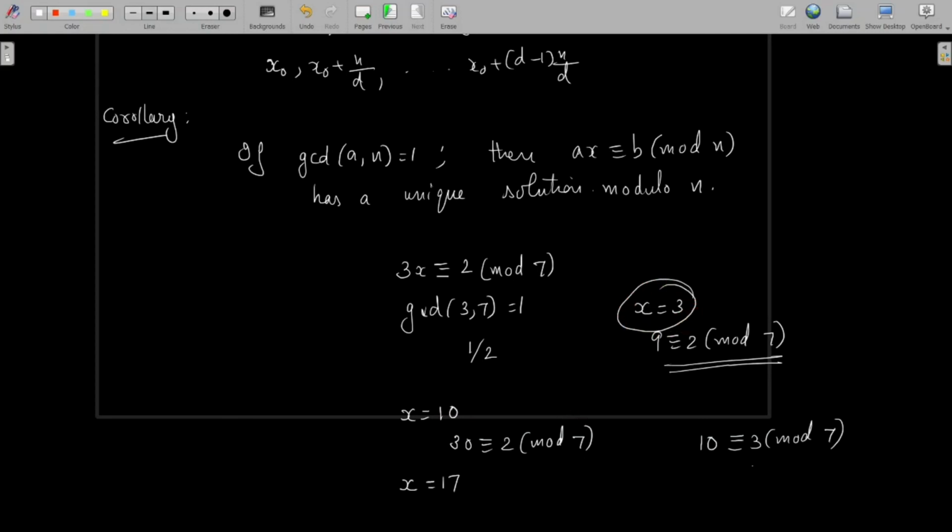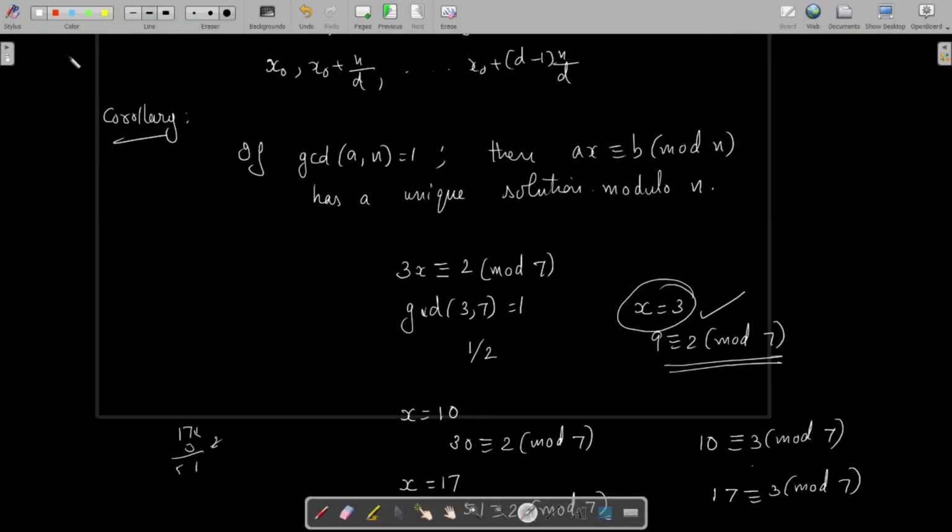Here x equal to 17 is another solution, because 17 into 3 is 51, and 51 is congruent to 2 mod 7, because 51 minus 2 is 49, which is a multiple of 7. But we can see that this solution 17 is again congruent to the original solution 3 mod 7, because 17 minus 3 is 14, which is a multiple of 7.